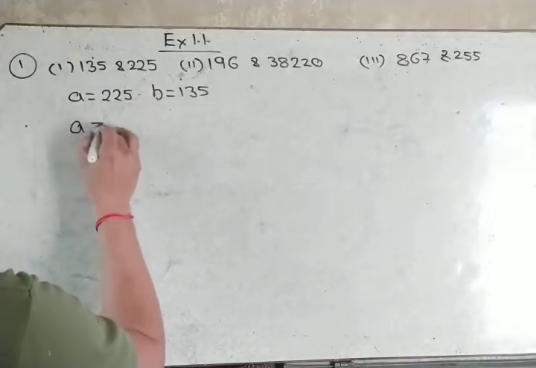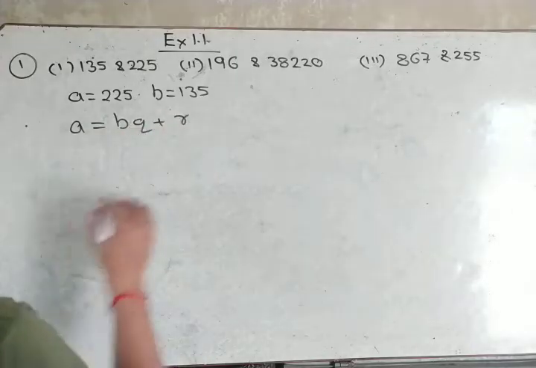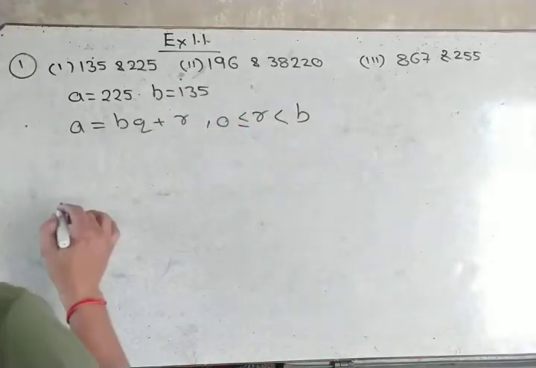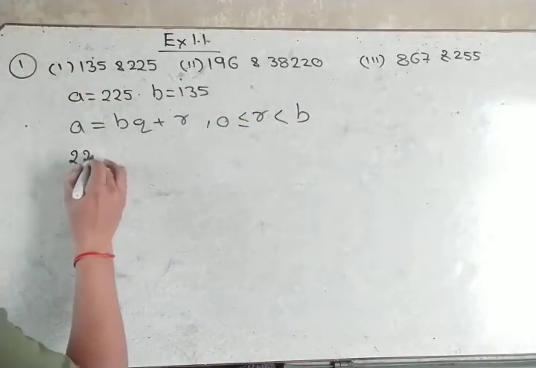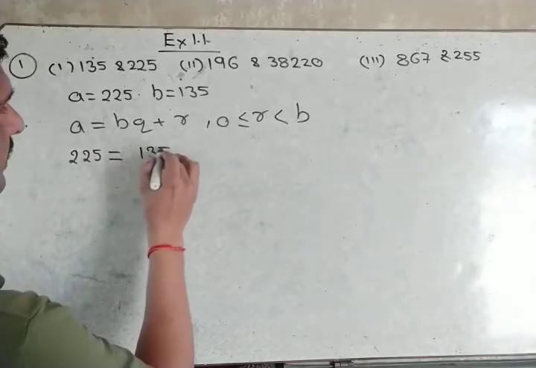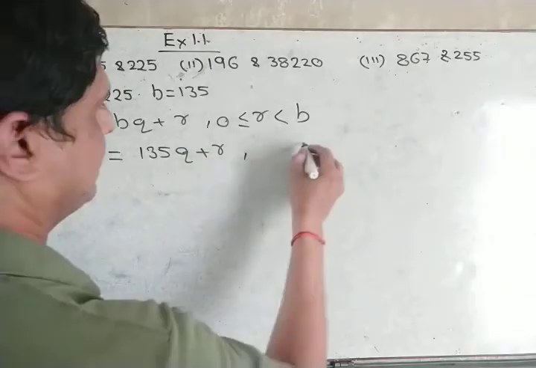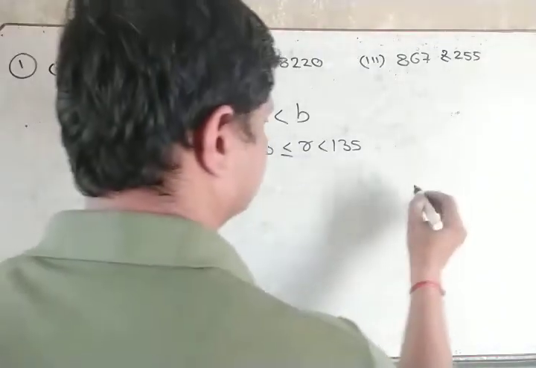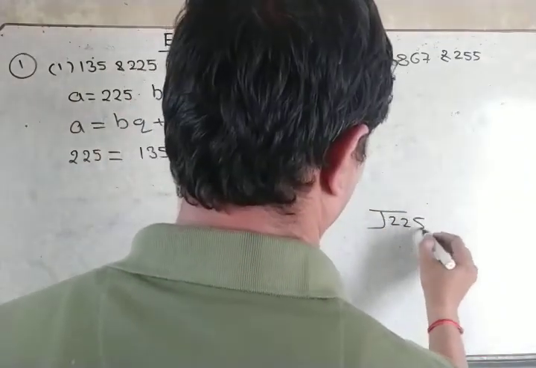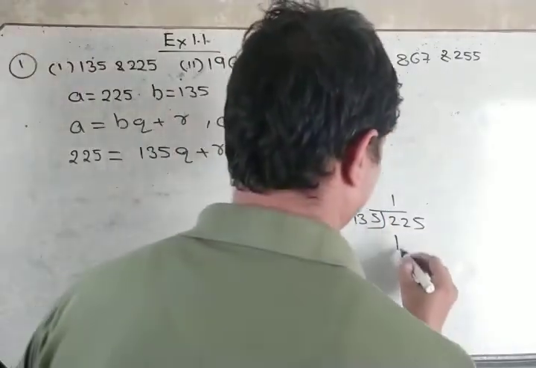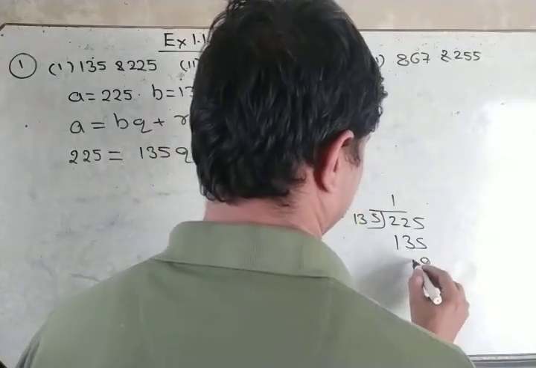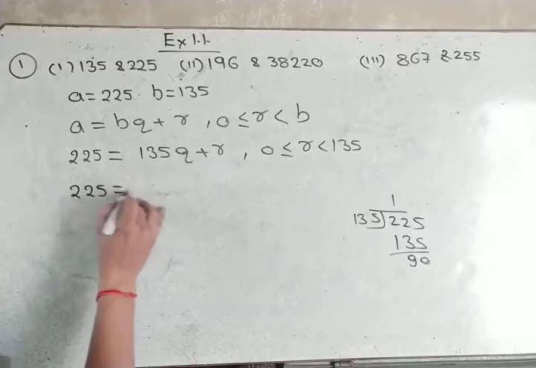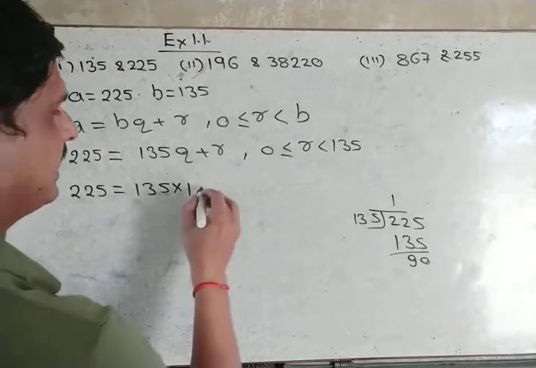Then A = BQ + R, where R is greater than or equal to 0 and less than B. On putting values, 225 = 135 × Q + R. Let us divide 225 by 135. Q is 1 and R is 90.